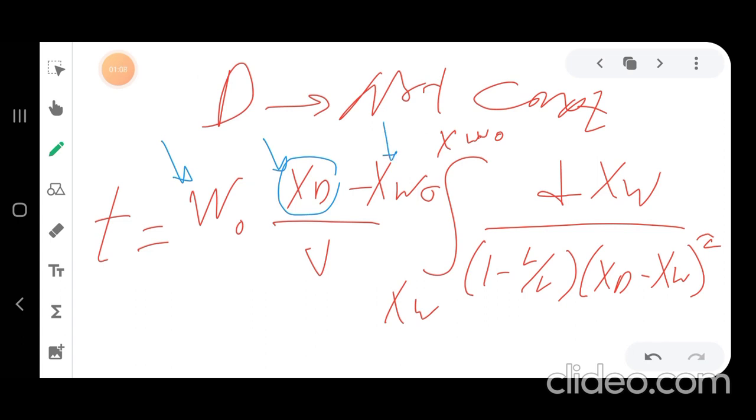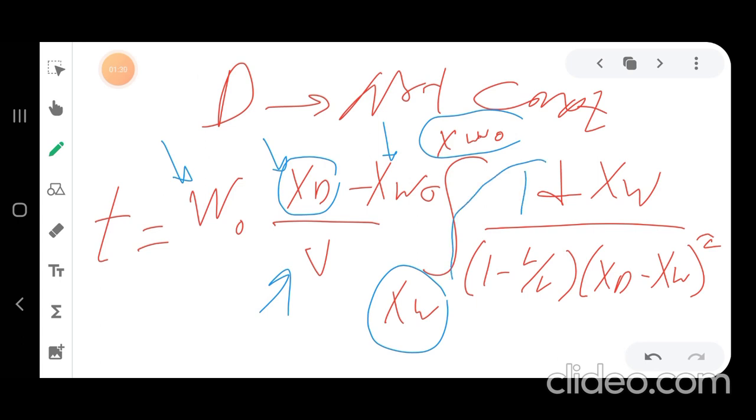Xw naught is the initial composition of the more volatile component in the still pot. V is the vapor boil up rate. And xw is the final composition of the more volatile component in the still pot. Then we have this integration.